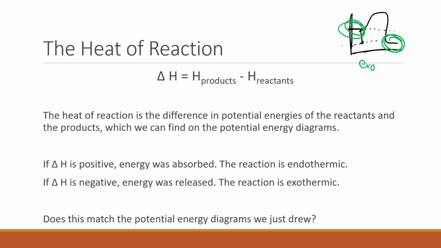If we put numbers here, let's put a 3 and an 8, just arbitrary numbers. If I wanted to take the delta H for this reaction, it would be 3 because that's what my products are, minus 8 because that's where my reactants are, giving me a negative 5 delta H. And like I said, negative is exothermic.